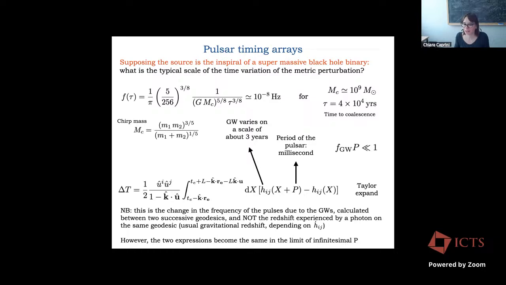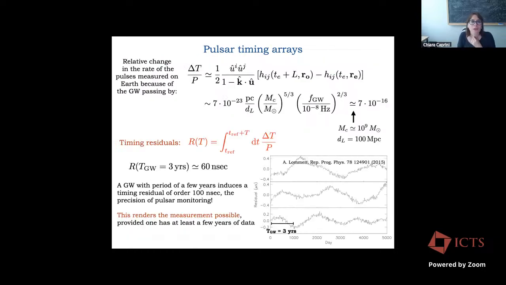It is not gravitational redshift, it is the comparison between the path of two nearby geodesics in time. But because of this Taylor expansion, in the end you get practically the same expression as the gravitational redshift of one single geodesic.